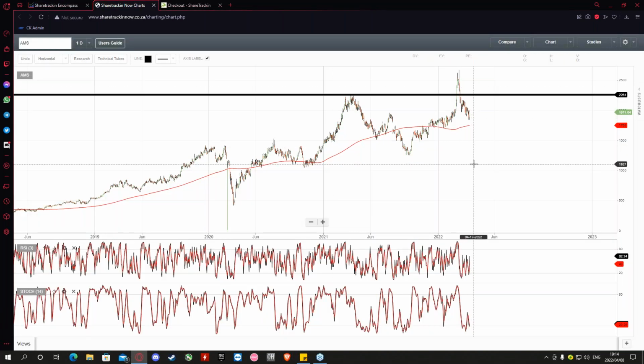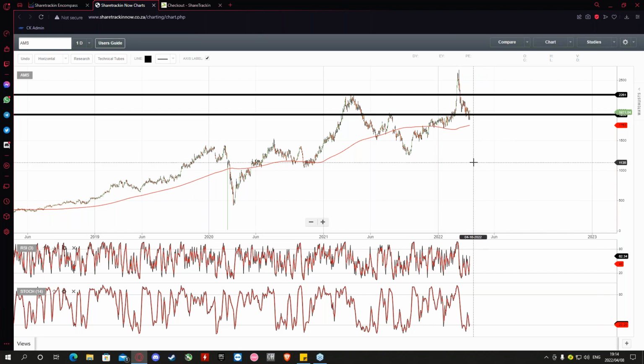So it's somewhere down here, 1,915. It's not exactly there in one go, but that's more or less where it is.